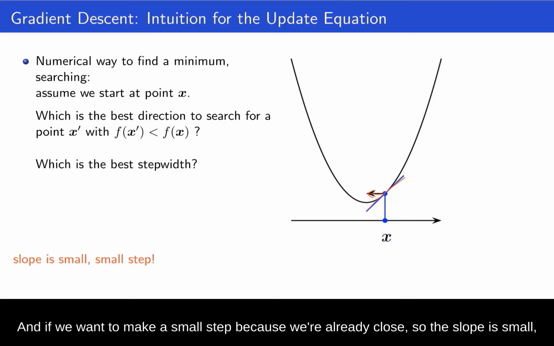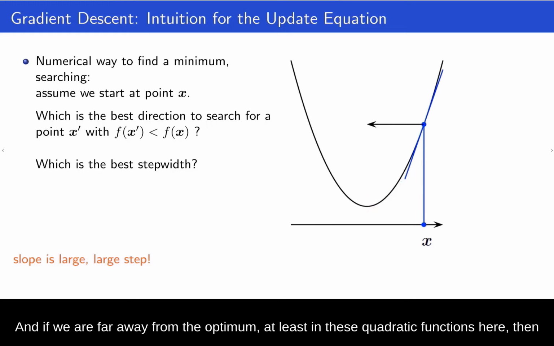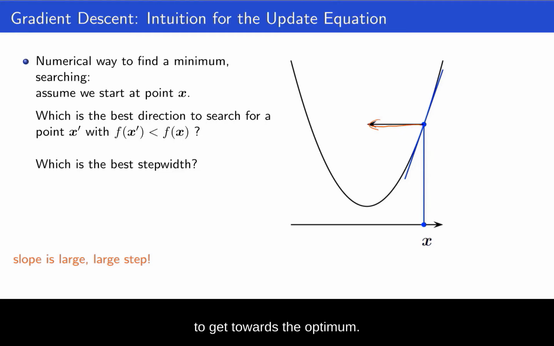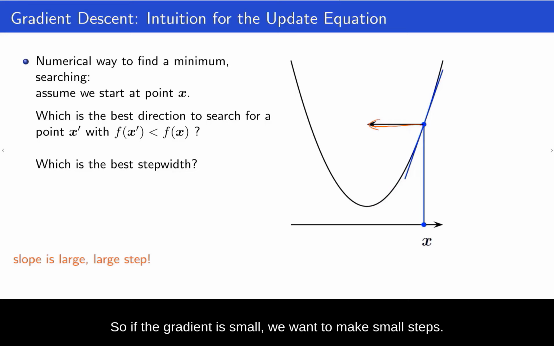And if we're far away from the optimum, at least in these quadratic functions, then the slope is large, the gradient is large, and we also want to make a large step in order to get towards the optimum. So if the gradient is small, we want to make small steps. If the gradient is large, we want to make large steps.